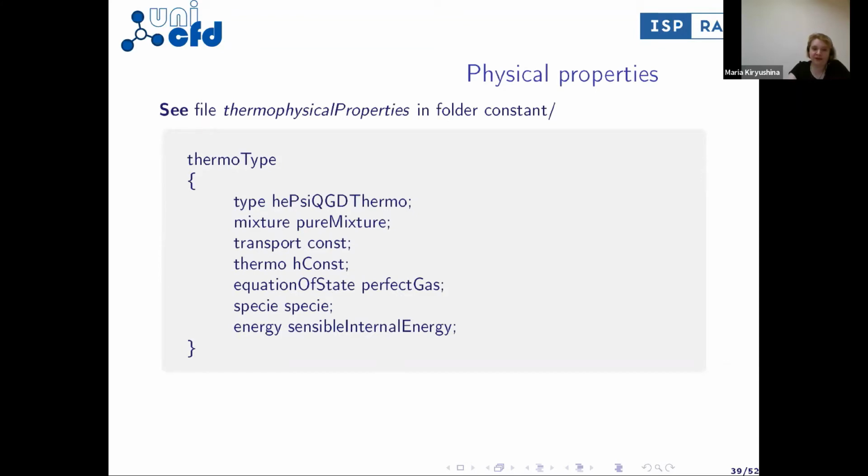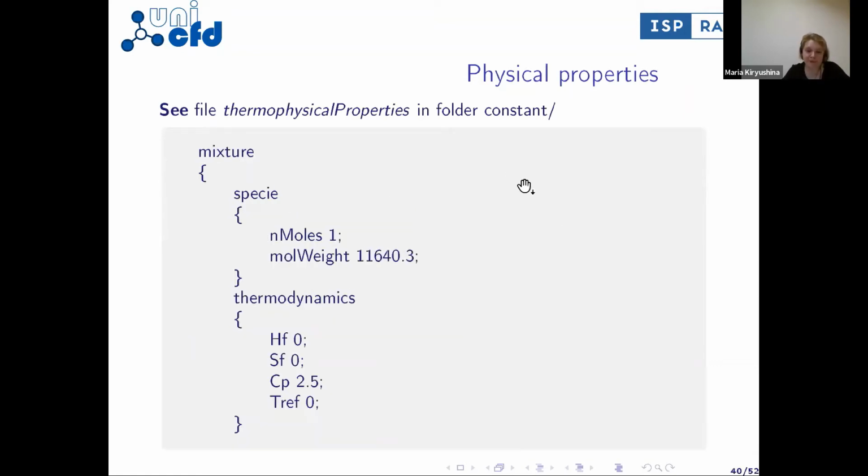About thermophysical properties. All solvers use thermophysical properties libraries, and hePsiQGDThermo is used instead of hePsiThermo only. And for thermophysical properties, we have the following. Molar mass equals 11,640.3.